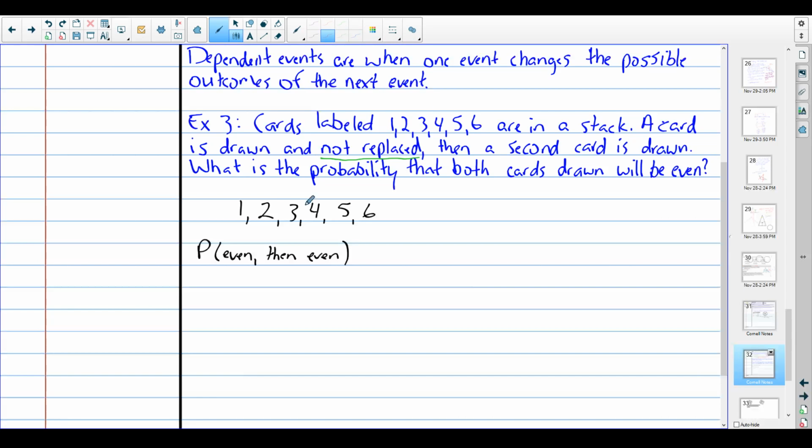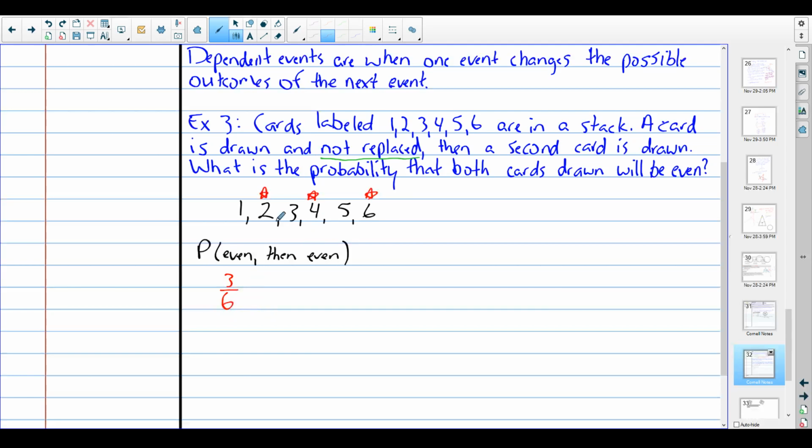If we do it the first time, how many even numbers are there? We've got 2, we've got 4, we've got 6. The probability of getting an even number the first time is 3 out of 6. So that doesn't change. That's what it's always been. Simple probability, independent.